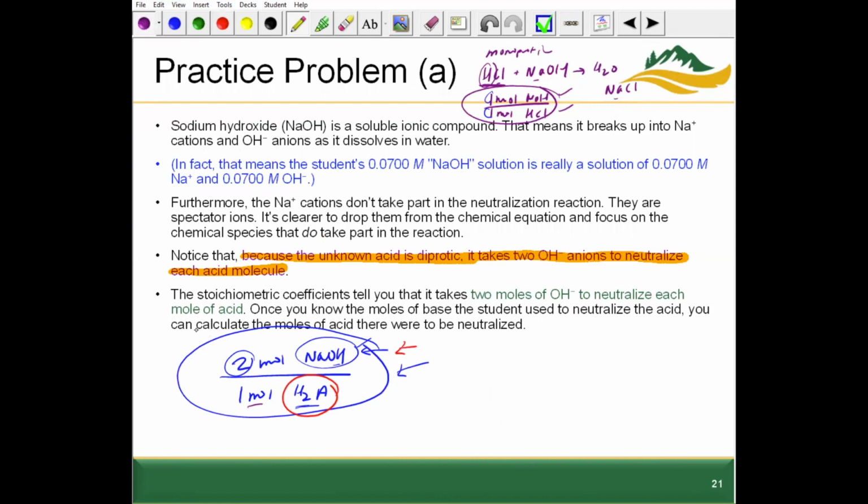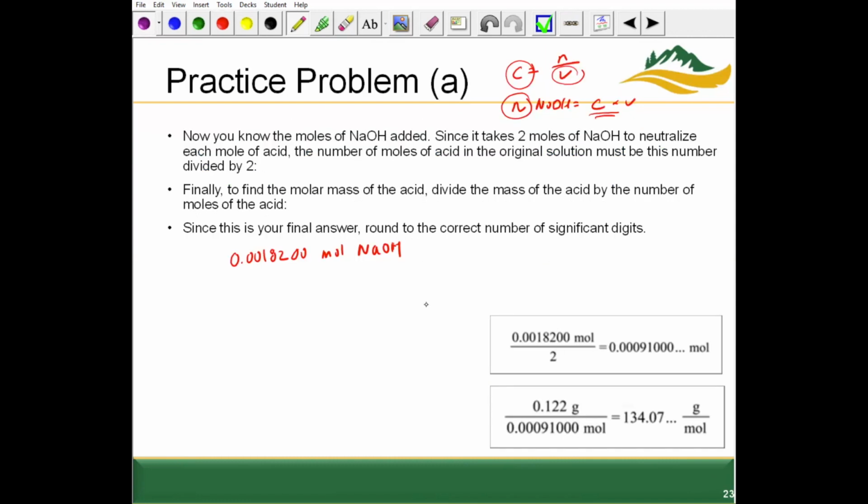Using this really important mole-to-mole ratio, how should we orient this conversion factor to just get moles of H2A, or moles of our acid? So we want to cancel out moles of base. For every 2 moles of NaOH, there is 1 mole of H2A, our unknown acid.